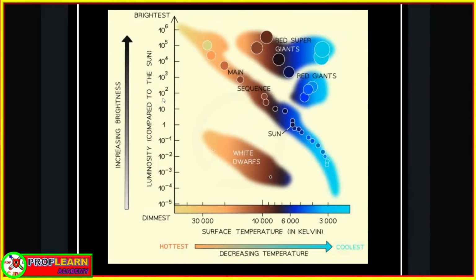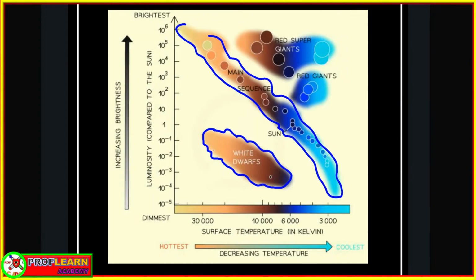We have actually 4 main regions. We have a region where we have the white dwarfs, and these types of stars are almost towards the end of evolution of a star. Then we have the main sequence where most of the stars are, and currently the sun is in the main sequence stage.